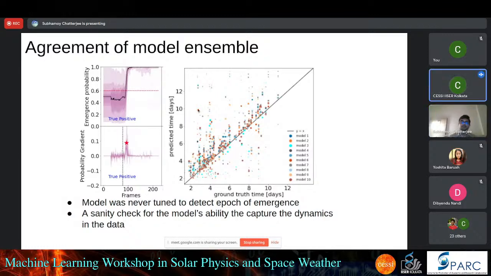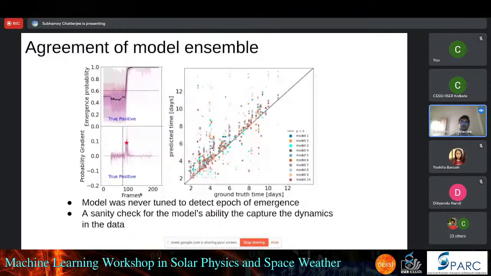Is there any threshold? You are checking the amount of flux over a time period? No, we don't do it based on flux. We do it based on the probability. The probability of the median should be greater than 0.6, and along with that, we should get a maxima of the gradient of the probability with the frame number.